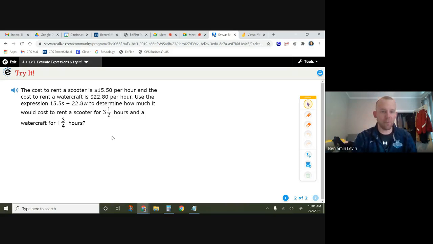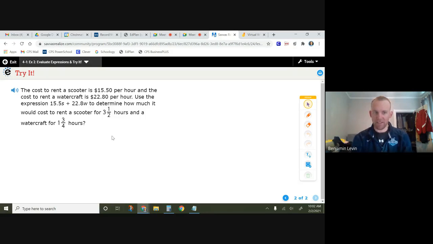So it's $15.50 per 1 hour to rent a scooter, and $22.80 per 1 hour to rent a watercraft. Use the expression 15.5S plus 22.8W to determine how much it would cost to rent a scooter for 3.5 hours and a watercraft for 1 3/4 hours.